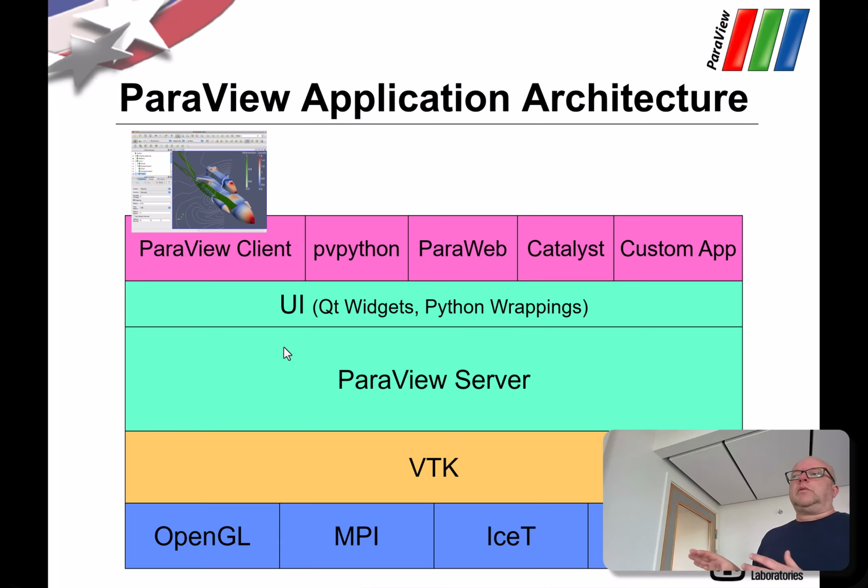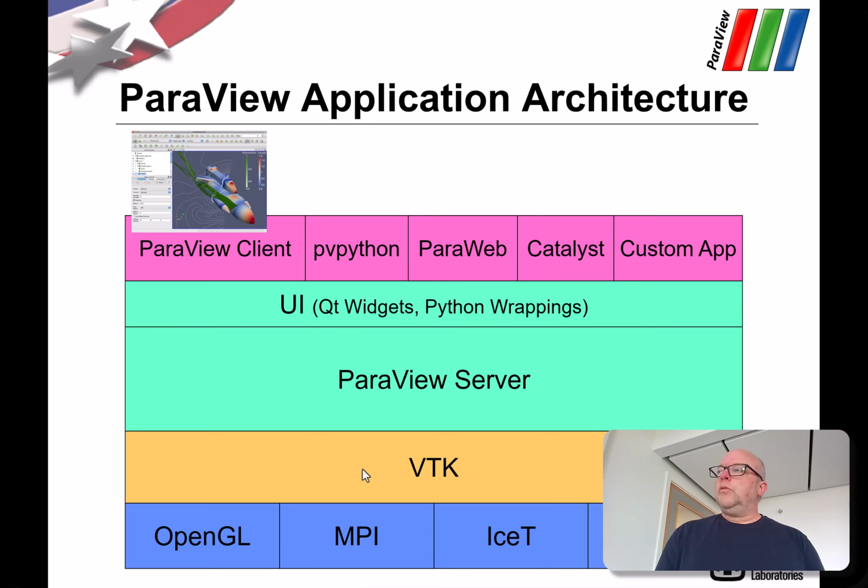It's not something we're going to do in this course. But the important stuff is on top here. This is something called VTK, the visualization toolkit. That is a C++ library, just like Qt, but it contains both algorithms for visualization and code for actually rendering the graphics itself.